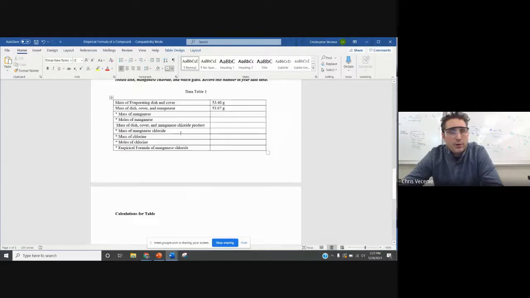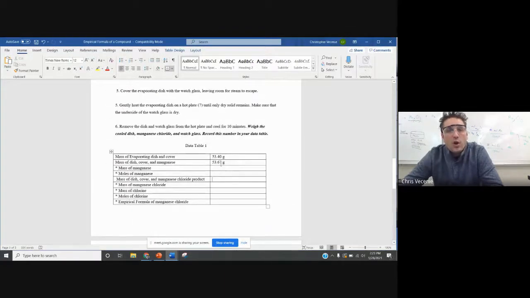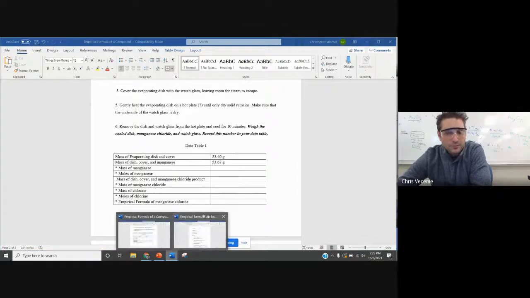And remember, data tables all have numbers and units, but they do not have calculations. So don't show any of your subtractions in that table. Don't show any of your bracket problems or your empirical formula problems in that table. It is simply final answers, a list of final answers. But that's in your electronic lab report.